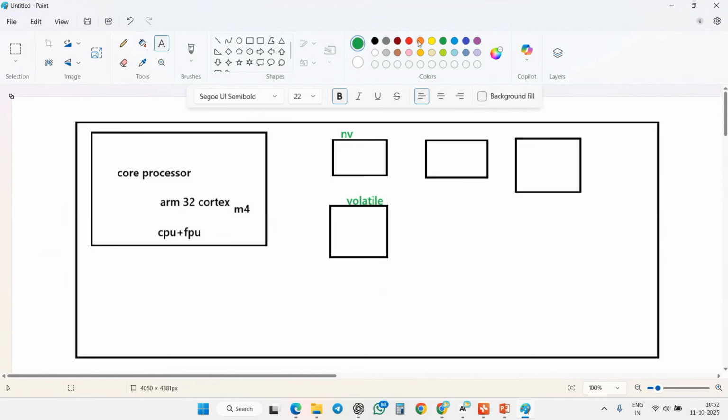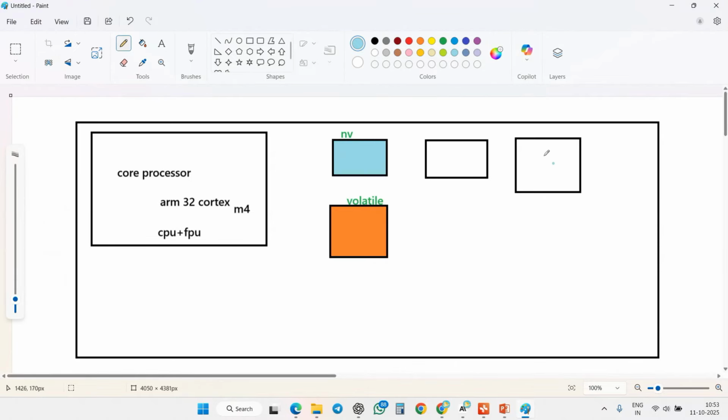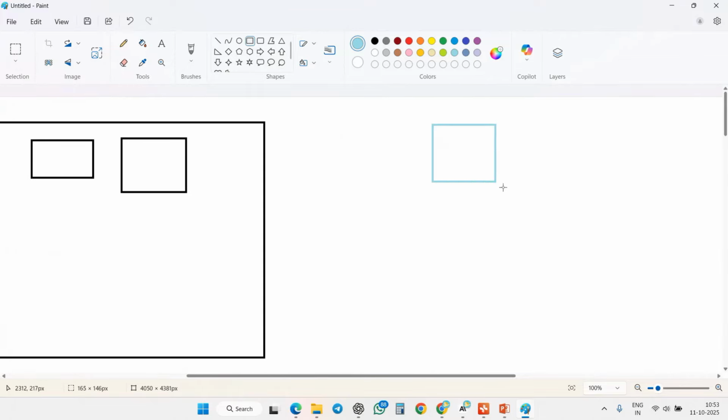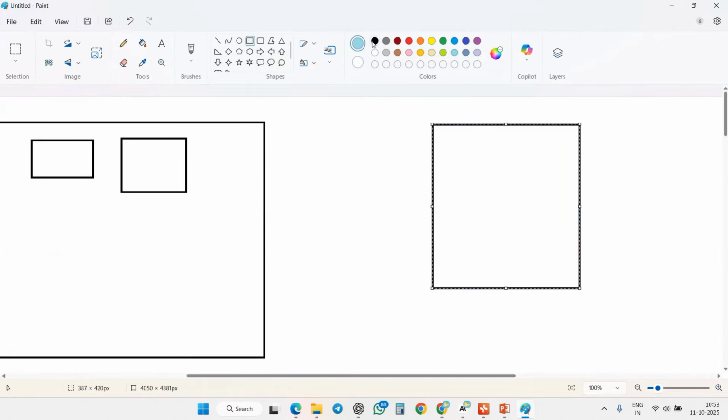So you can simply see that I have this non-volatile memory and this volatile memory. First of all, you write the code, for example, on any IDE, because we have to write the code on an IDE.